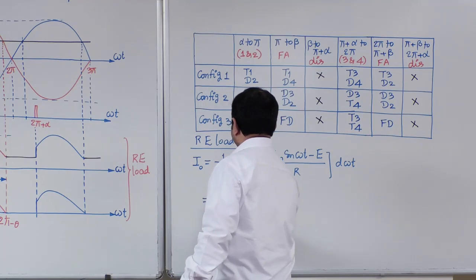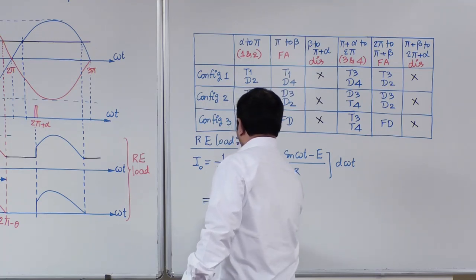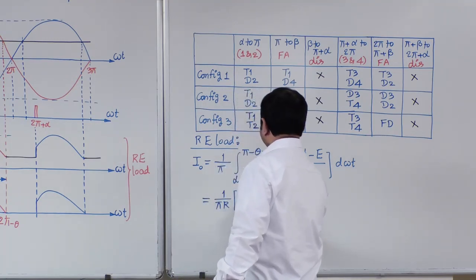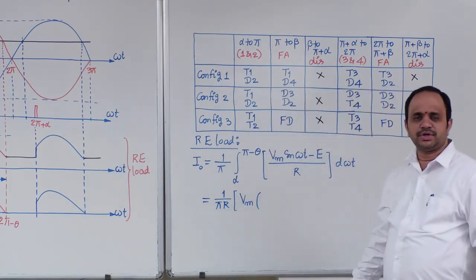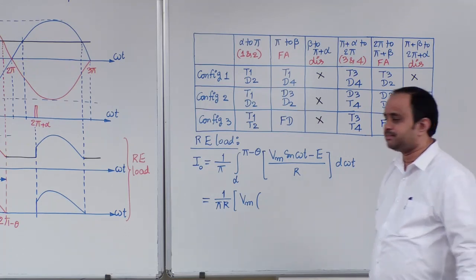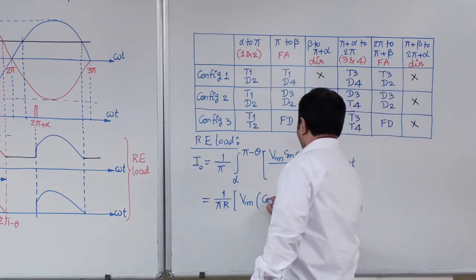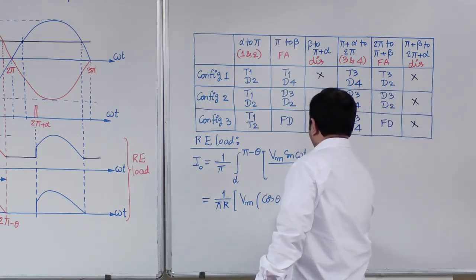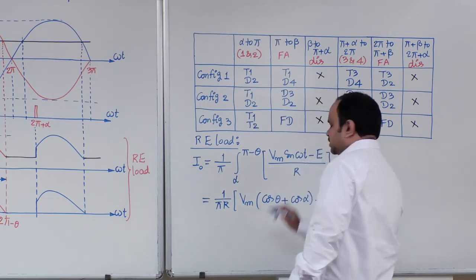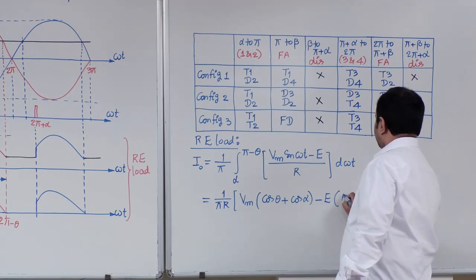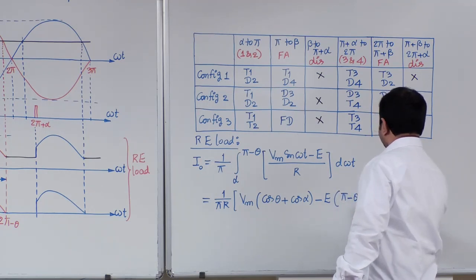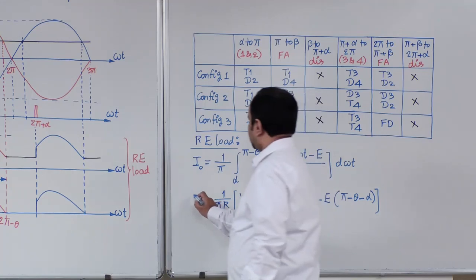Therefore, what is the simplification? 1 by pi R, Vm, in fact, we already derived this equation in the single phase full converter, previous topic. So we will get cos theta plus cos alpha minus E into pi minus theta minus alpha.